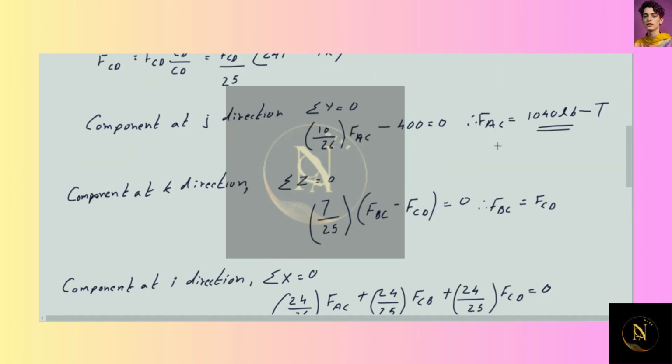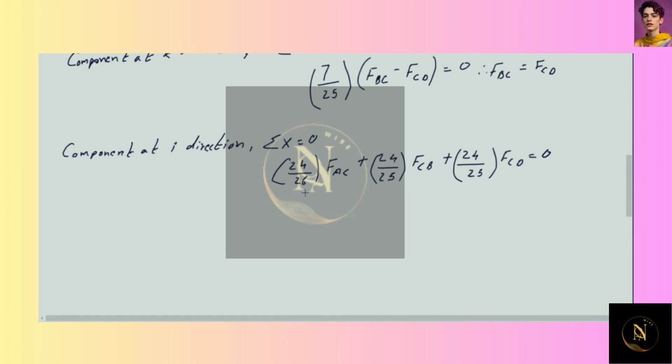We already got the value of FAC, just substitute that value. So 1040 into 24 by 26 gives us 960, plus the other values, 24 by 25 times FCB, plus 24 by 25 times FCD equal to 0.